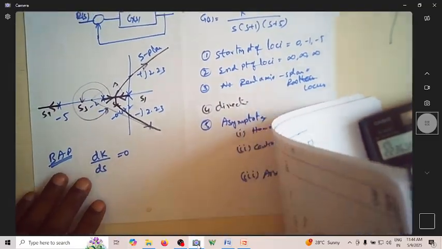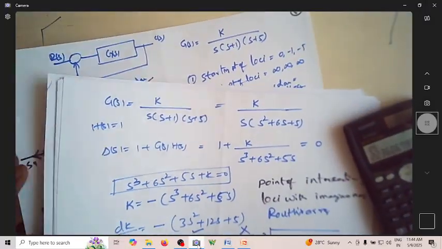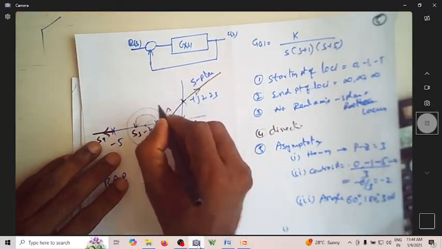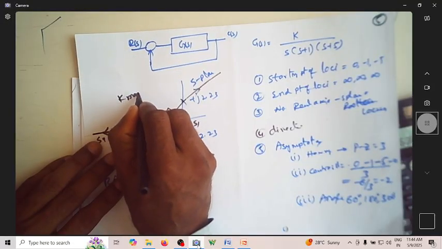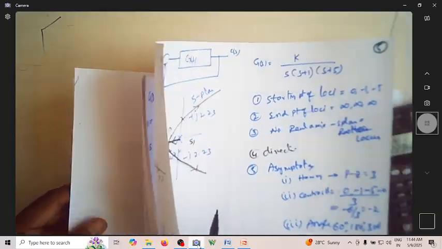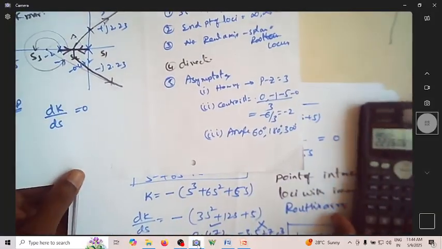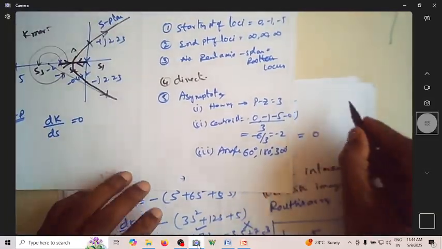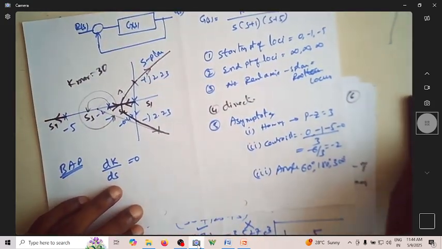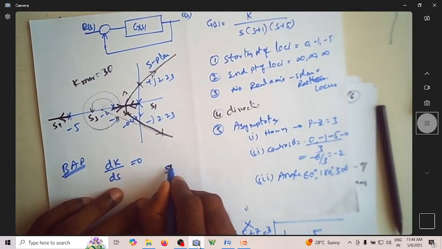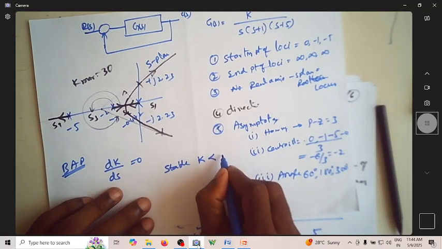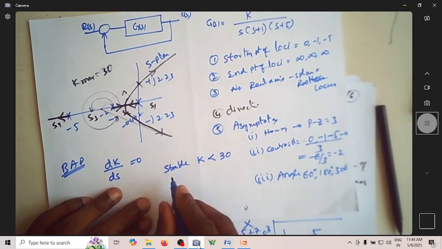So what is the stability now? The stability of the system depends on the value of k. What is k margin? K margin we found is 30. So the system is stable for all values of k less than 30.